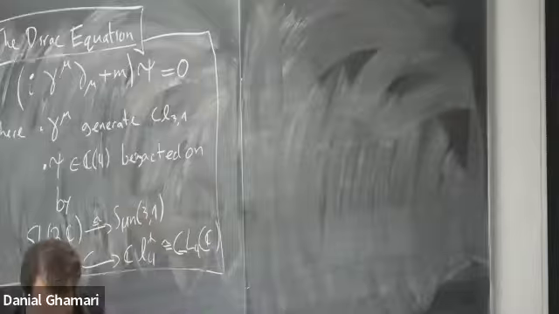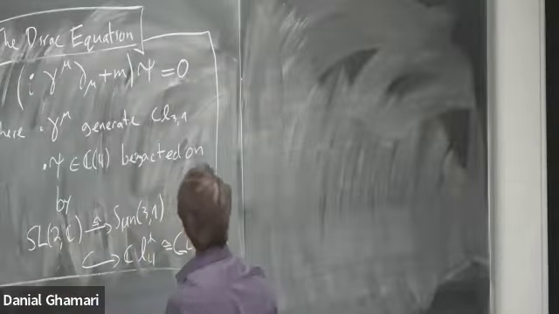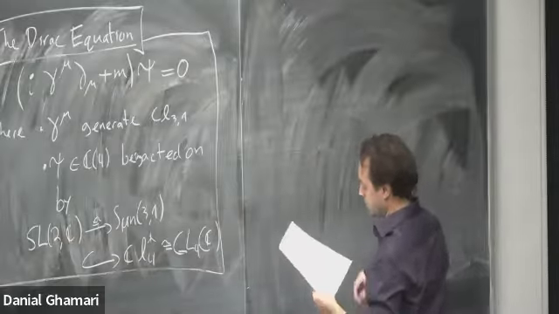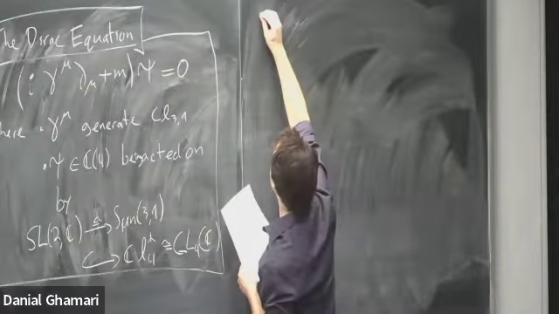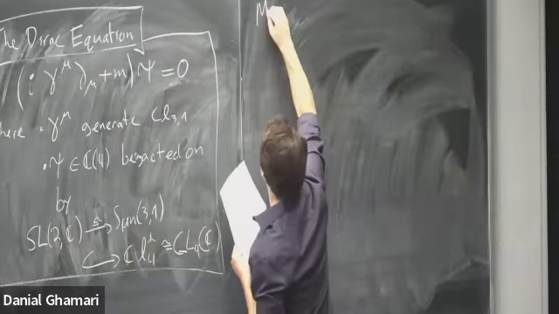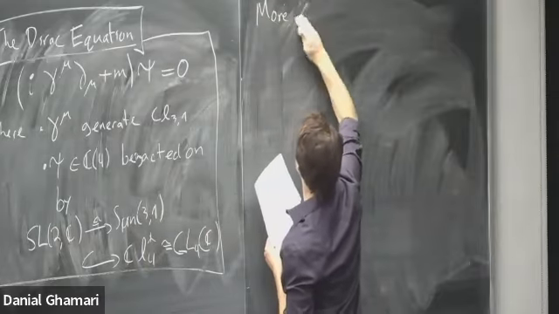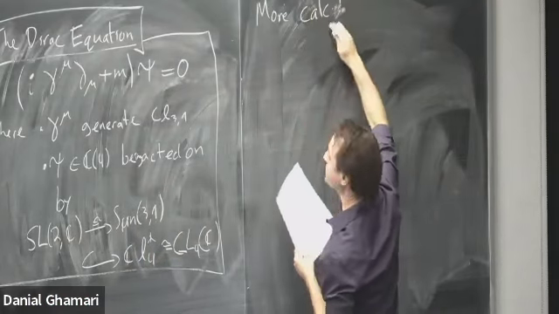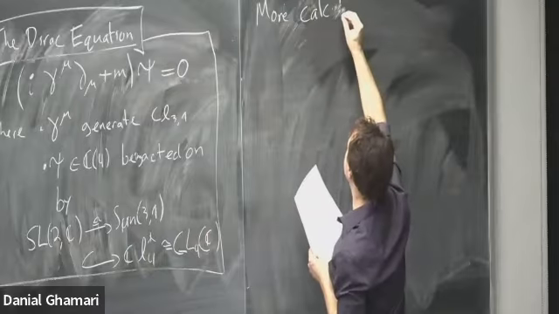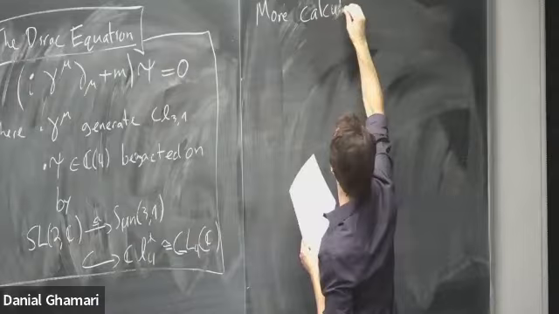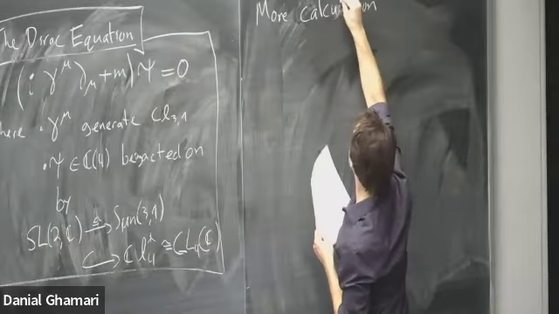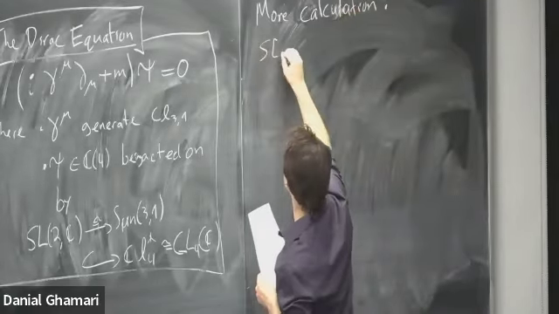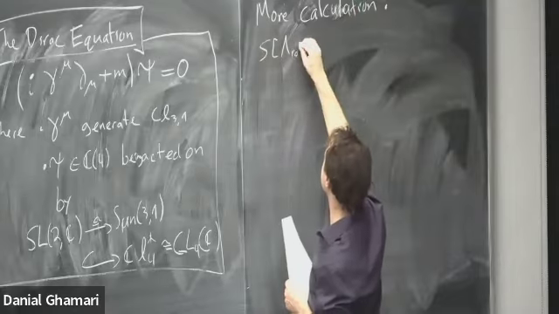So I'm just going to wrap up our discussion of the Dirac equation now that we've defined all these things. More calculation, the calculation that leads to that expression over there for the rotation action. Just do more calculation and you find that in general, this is a symbol that is used in physics.